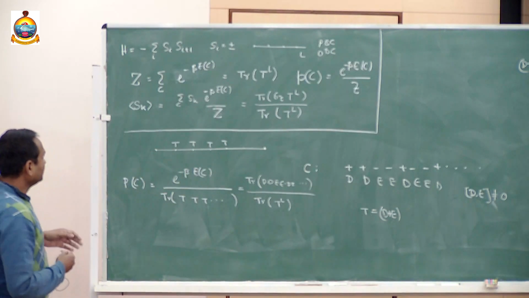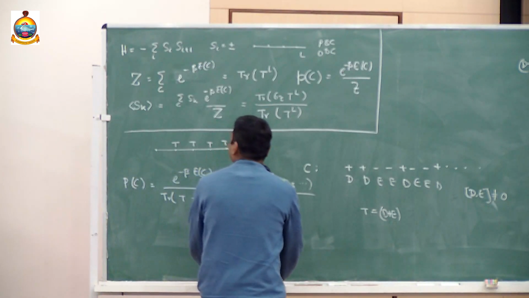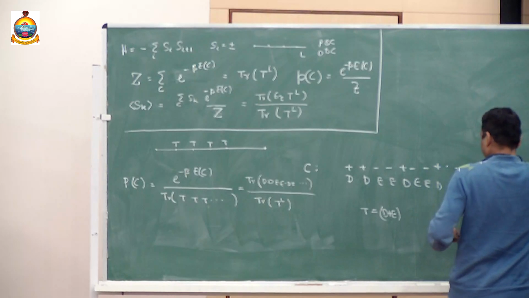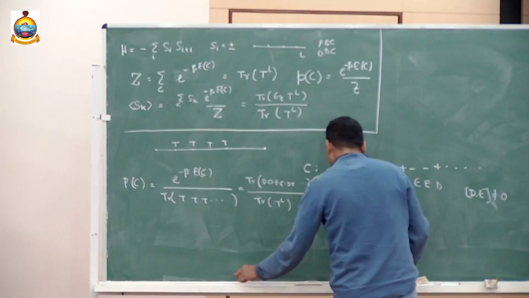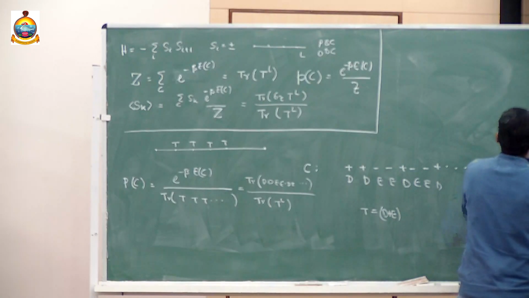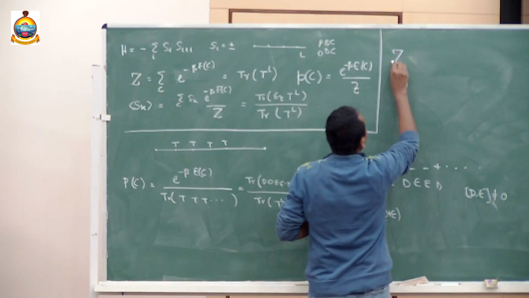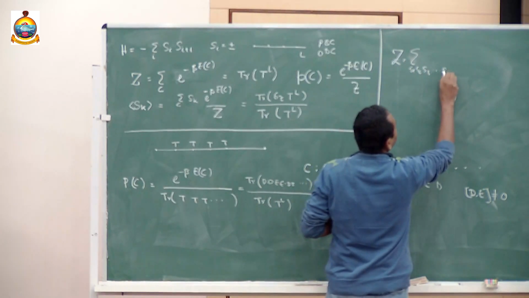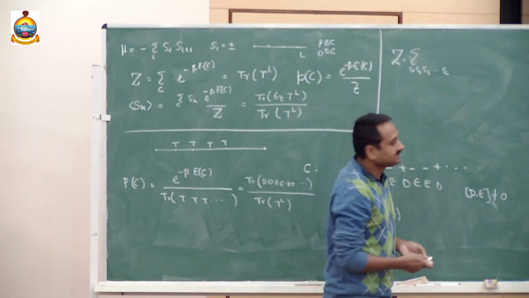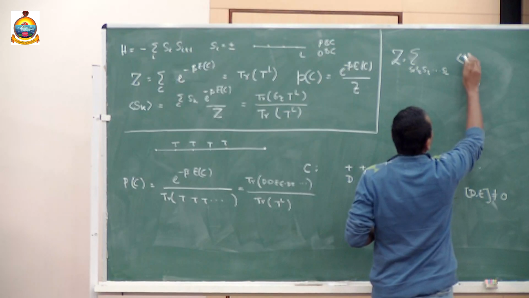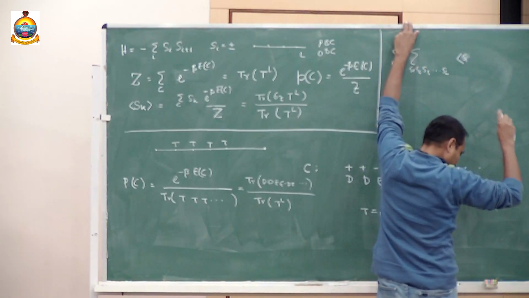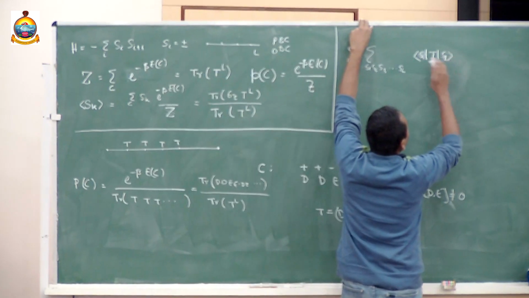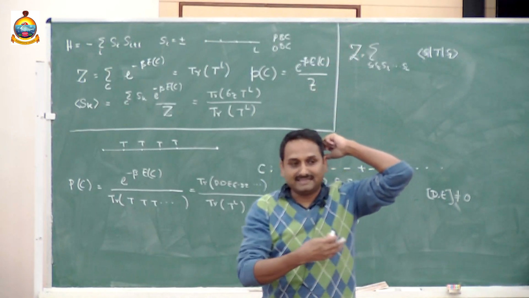Let us see how we write the partition function Z. When you write this partition sum, Z equals the summation over S1, S2, S3, all of them up to SL, and each of them takes a value plus or minus, and then you have S1 T S2, this.